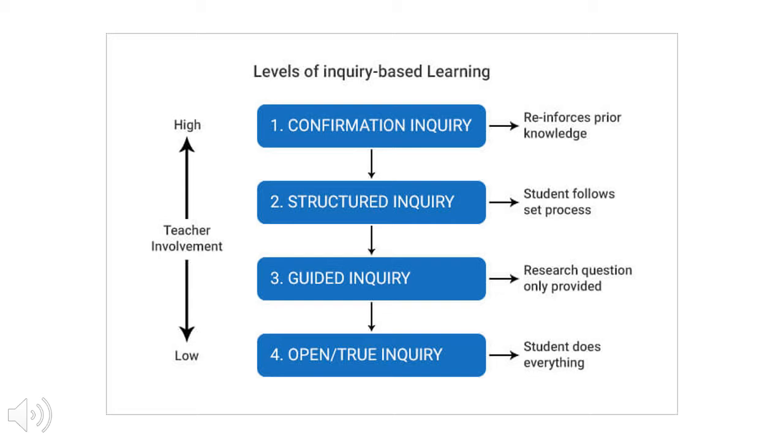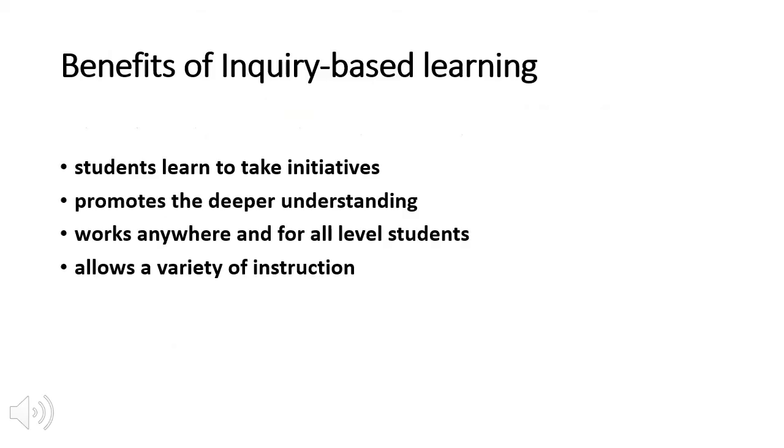In the confirmation inquiry, it more reinforces prior knowledge, whereas in the structured inquiry, the students follow a set of processes. In the guided inquiry, only the research question is provided, while in open inquiry, the students do everything. So in the open inquiry, it's more open, and it depends on the student how they're going to solve the problem. So these are the 4 levels of inquiry-based learning.